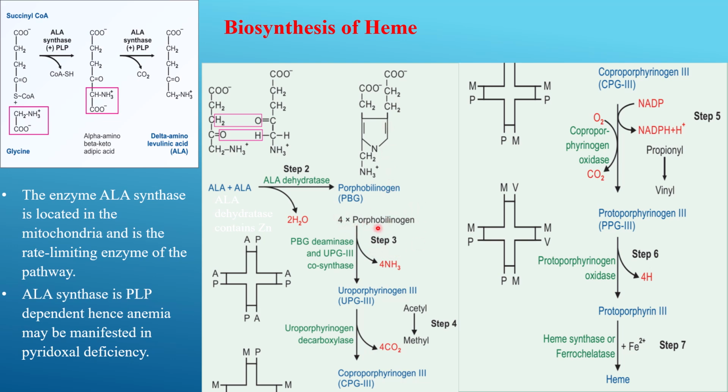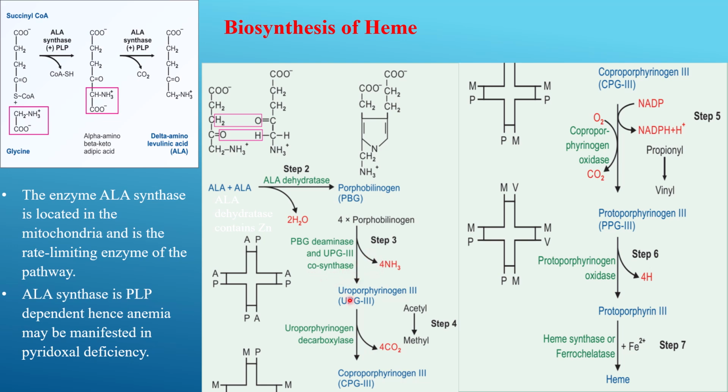So 4 porphobilinogen molecules condense with each other in the presence of the enzyme PBG deaminase. Another name for this enzyme is uroporphyrinogen 3 cosynthase.